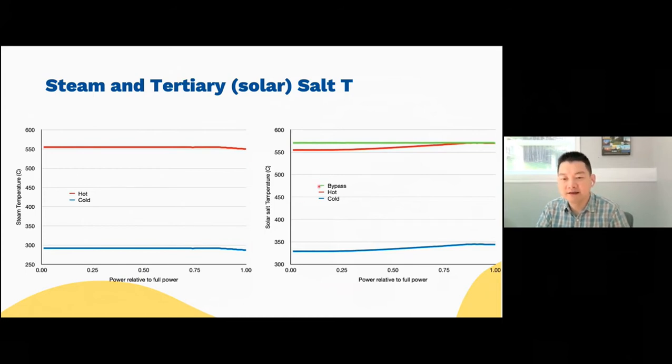And then to match that, we keep the solar salt temperature almost constant with a little bit of change. We also adjust the bypass, but the pump speed will change. Okay, so this is the solar loop temperature.